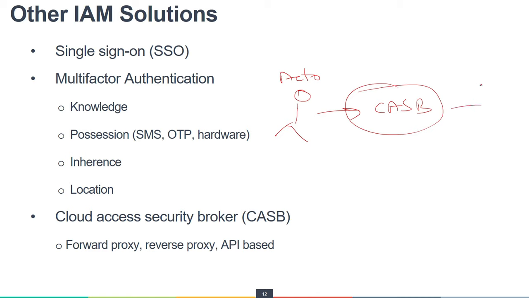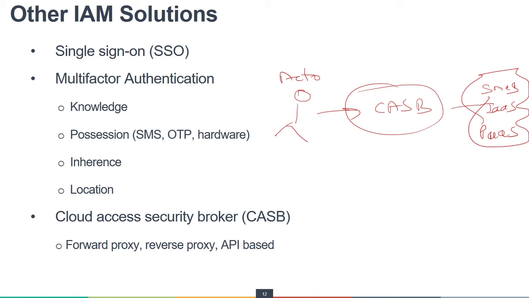Then we have the cloud, where it could be SaaS, IaaS, or PaaS. In that case, this CASB, the cloud access security broker, sits between the cloud user and the cloud service and applications which are offered from the cloud.